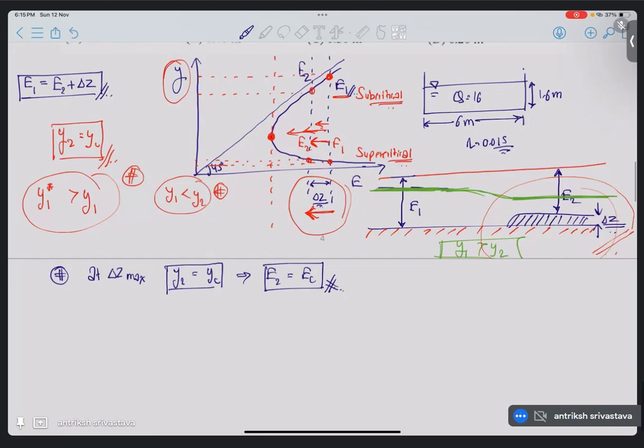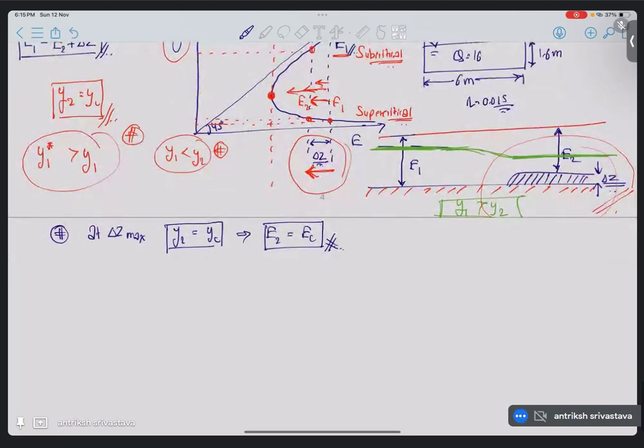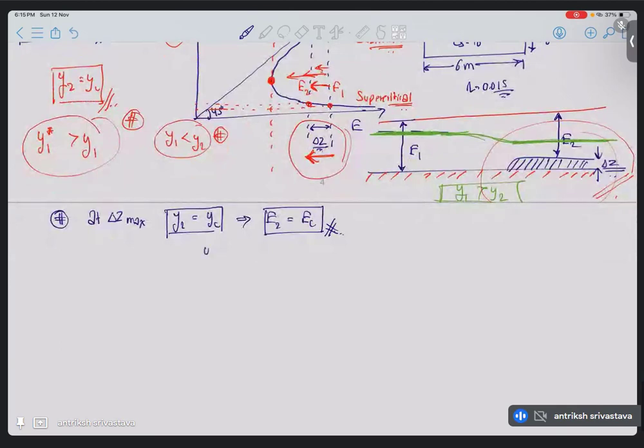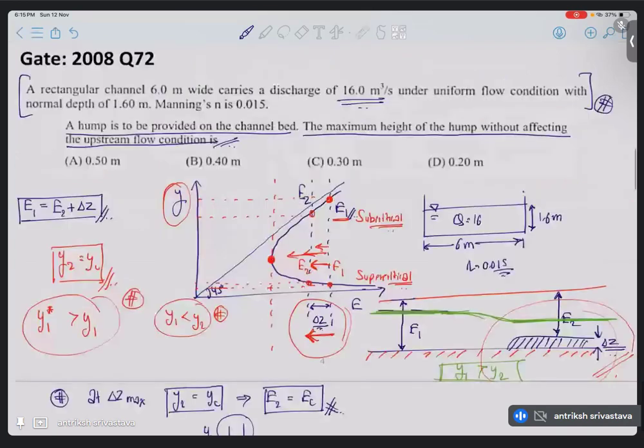Okay, so there is a standard formula to calculate the critical depth in a rectangular channel, and that is Yc is equal to (q square divided by g) power 1 by 3. Then what is this q? This q is the discharge per unit width of the channel. So the big Q that is given to us in this question is 16, and the width of the channel is 6 meter, that is also given to us.